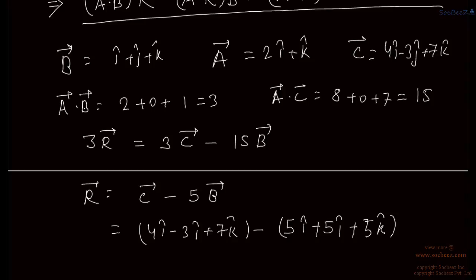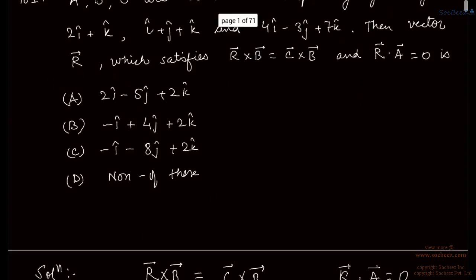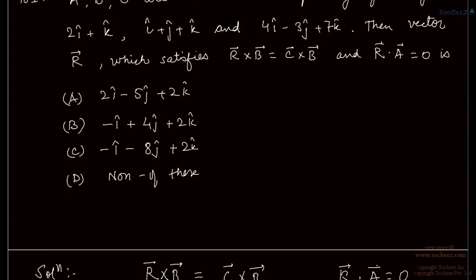Okay. So we have 4 minus 5, minus i, minus 3 minus 5, minus 8, and 7 minus 5, 2. So we have vector R as minus i minus 8j plus 2k. So option C is the correct one, right?